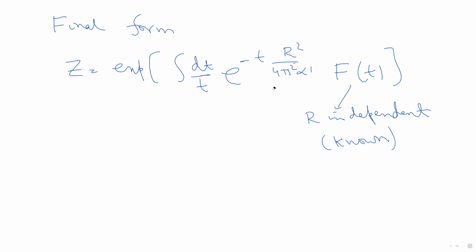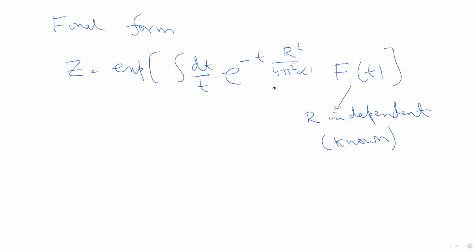Now from this integral you see that if R is very large, then the contribution is going to come from the small t region, because it is exponential of minus t, right? So that means that you need to know f of t for small t. Is that clear?